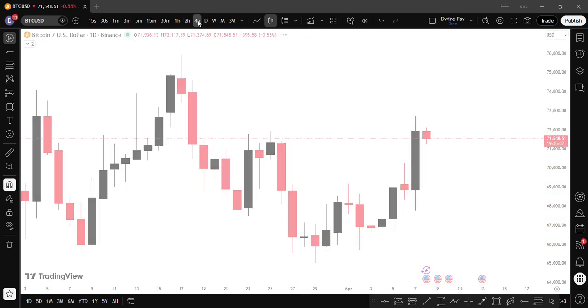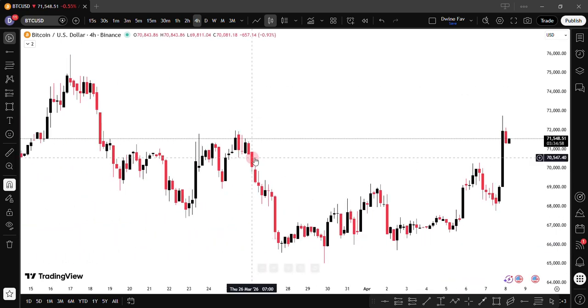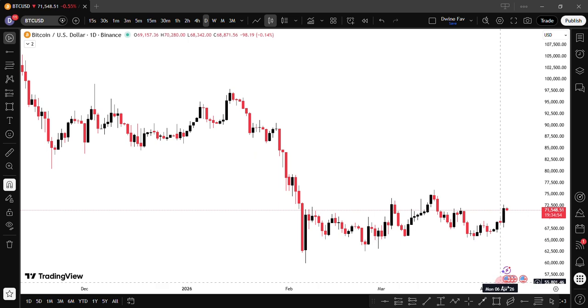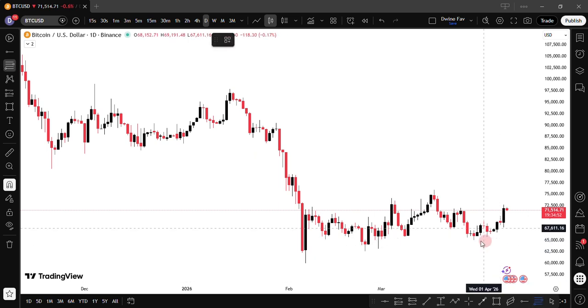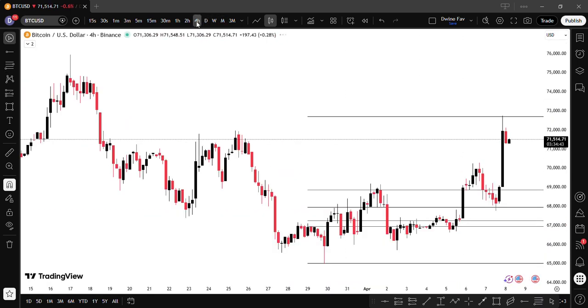So let's check on a 4 hour. What is it telling us? What is it showing us? Actually I think I need to measure on a daily to check on a 4 hour. Where is that region?